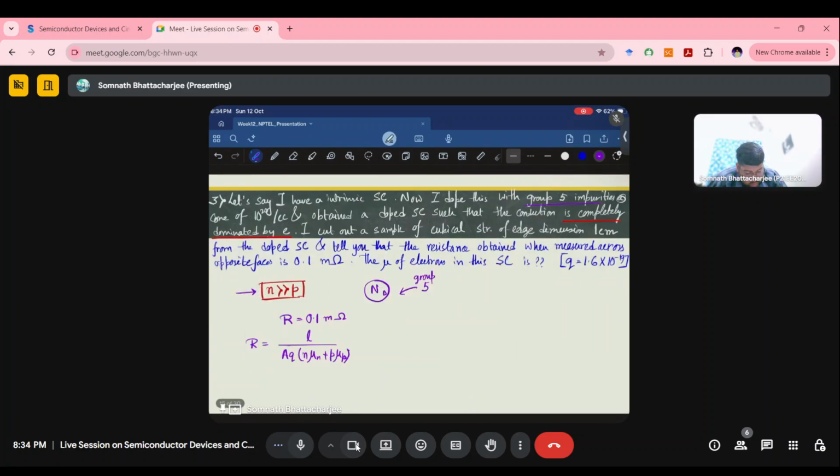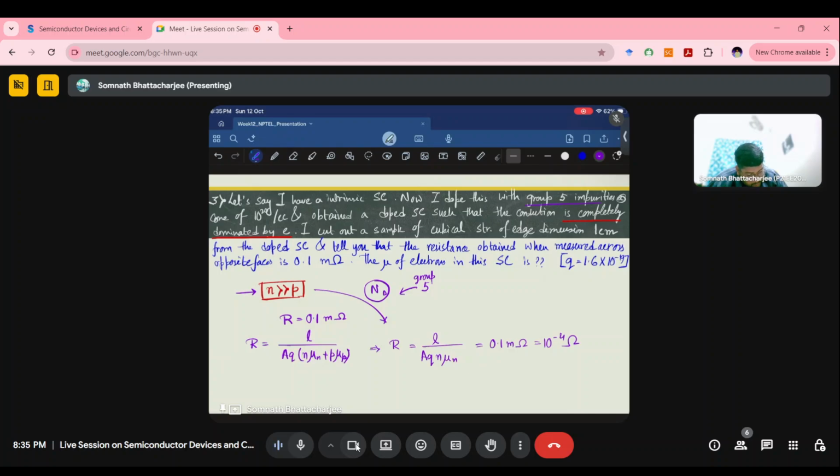So now similarly in the previous case, as n was much greater than p, so R would be L by A q n mu n. So this is exactly similar to the previous case. Now what we'll do is that what are the values we have got, and this is 0.1 milliohm or 10 to the power minus 4 ohms.